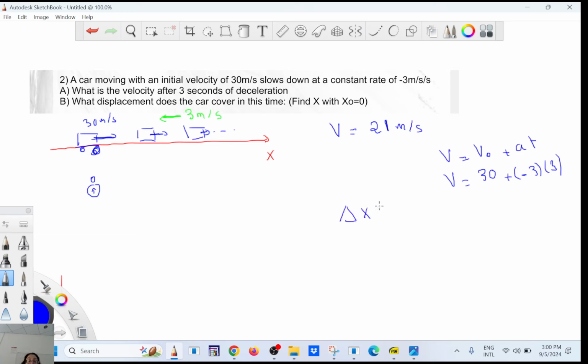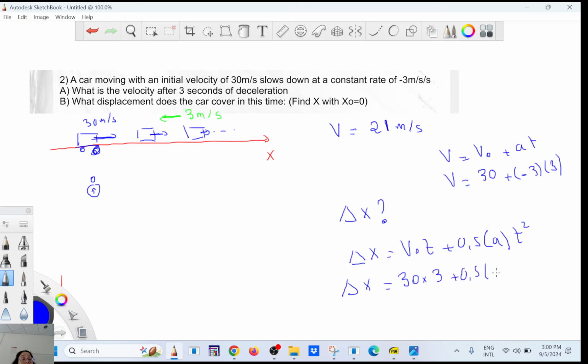Okay, and easy also. What's the displacement? So which equation did you use? The first one? So we can use the first or the last. So delta x equals initial velocity times time plus 0.5 a t squared. So delta x equals initial velocity is 30 times 3 plus 0.5.